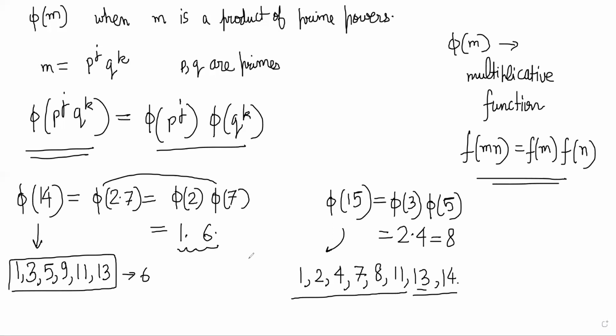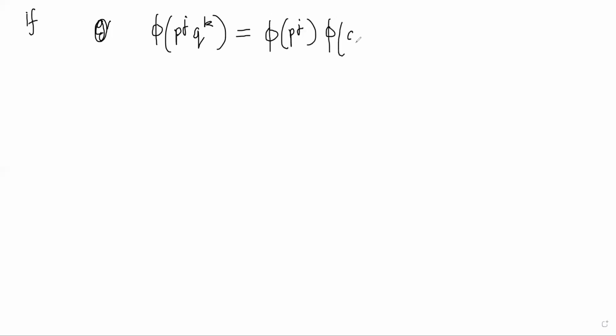Now our guess is that the result will be this. So far we have been doing phi of prime powers. We are guessing that this is true. But notice one thing: P and Q have GCD 1, because they are different primes.